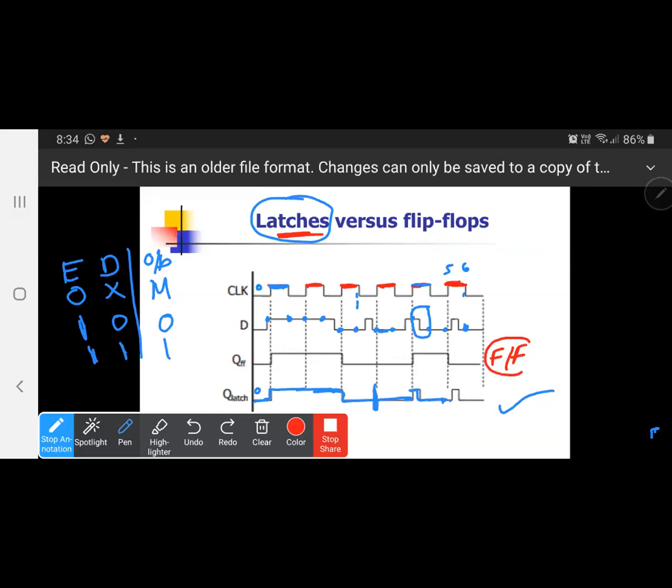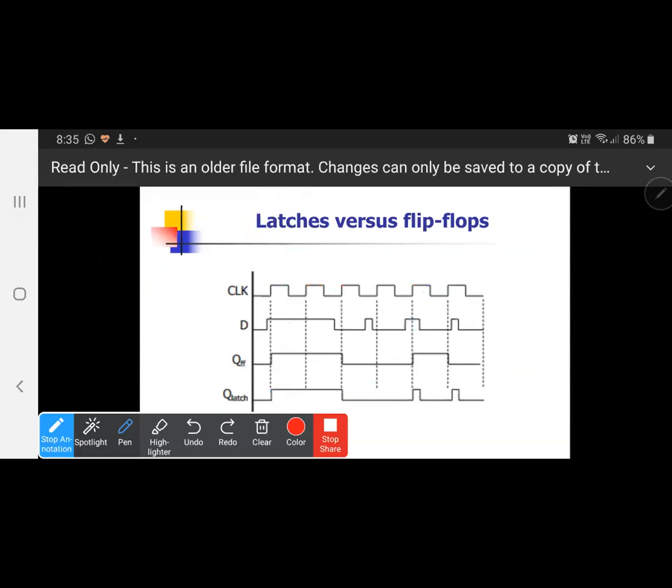We are actually just comparing with D. No, not with D. Actually, it depends on the D. For the flip-flop, we are checking edge triggering. You know what I drew before? I was checking the edge triggering. But for the latches, what am I checking? The levels.